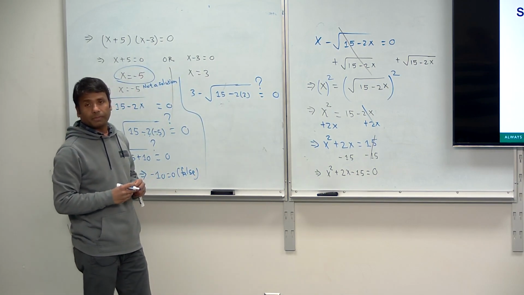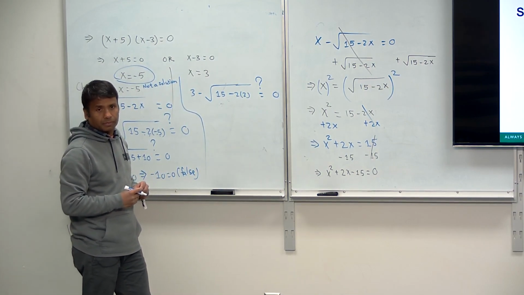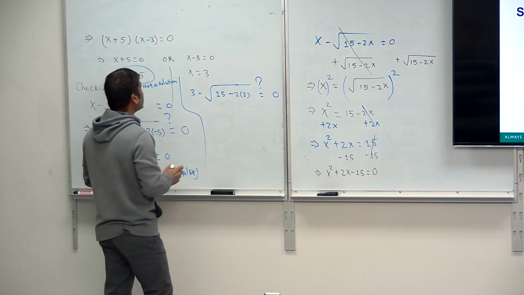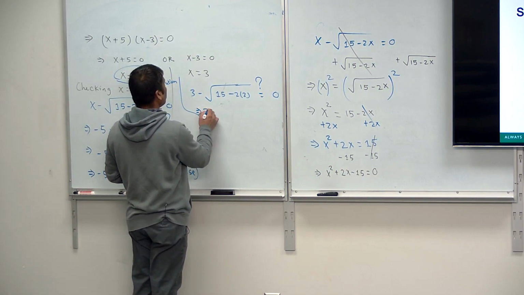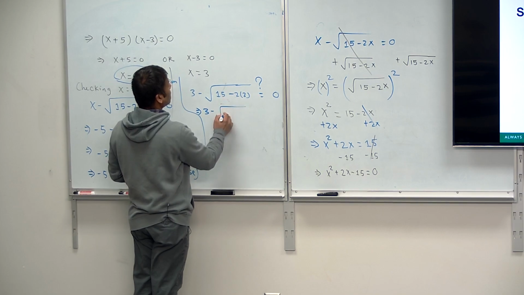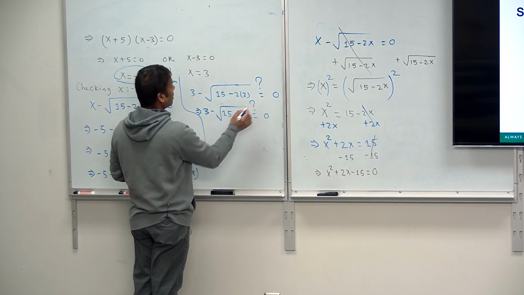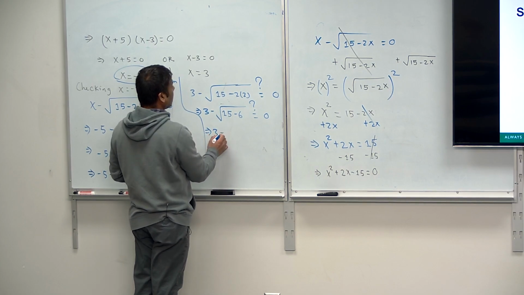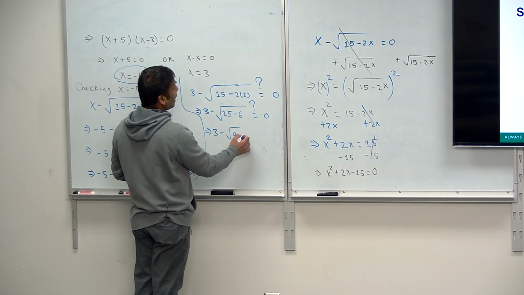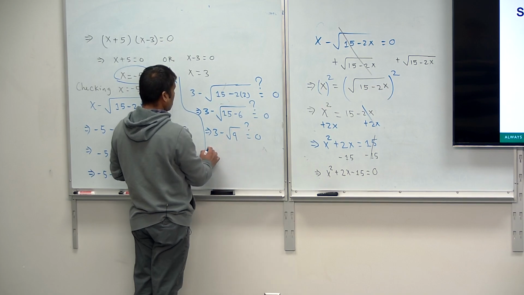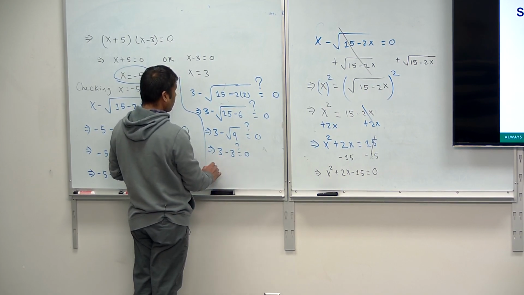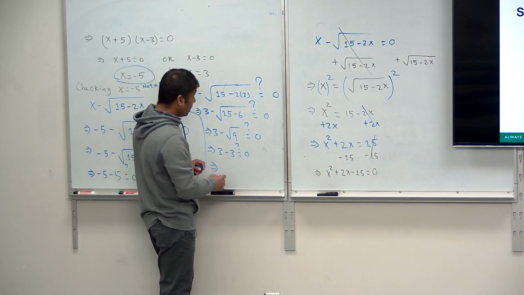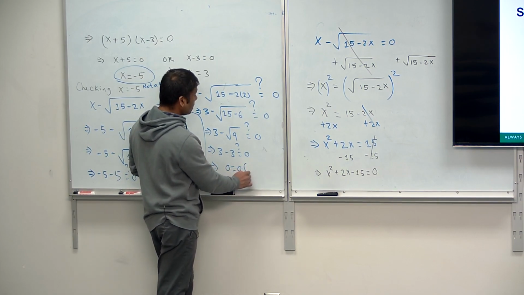And so it would be 3 minus radical 15 minus 6 equal to 0. So this is 3 minus radical 9 equal to 0. So this is 3 minus 3 equal to 0. What is 3 minus 3? 0. 0 equal to 0. So this is true.